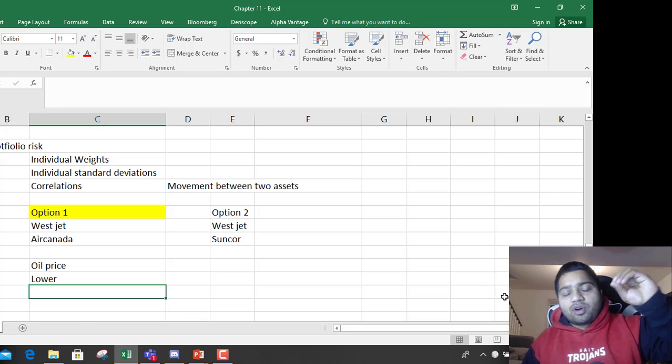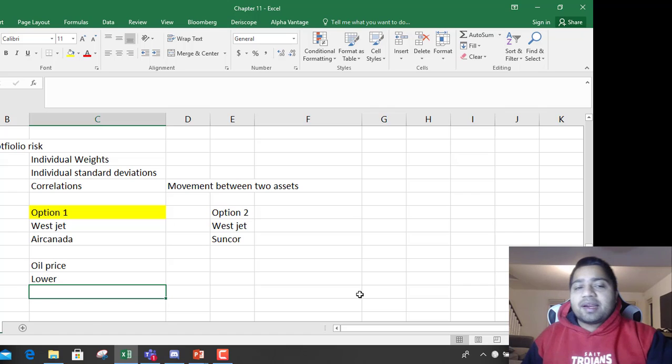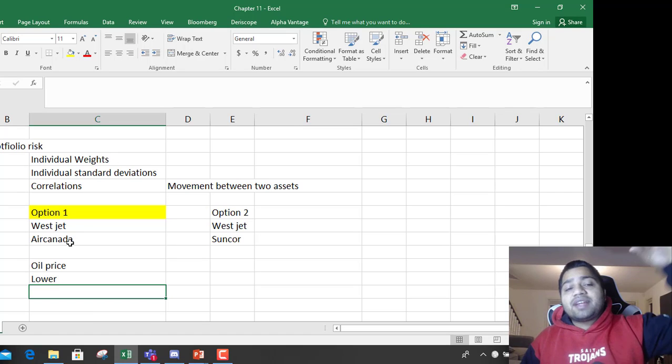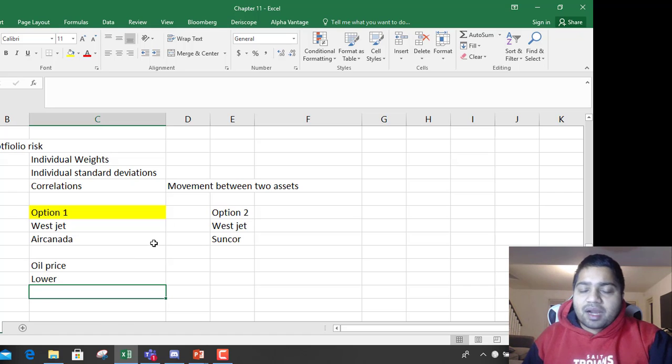If oil prices go down, your profit margins will expand. Both stocks, WestJet and Air Canada, will react in the same way. If oil prices go down, both react well, so you get better returns. But if oil prices go up, both go down in market price, so you will suffer losses.